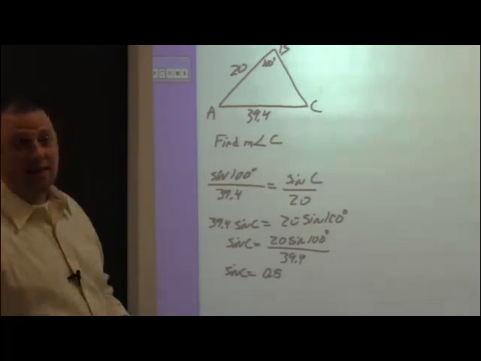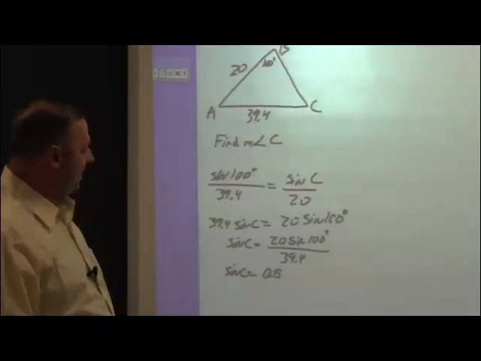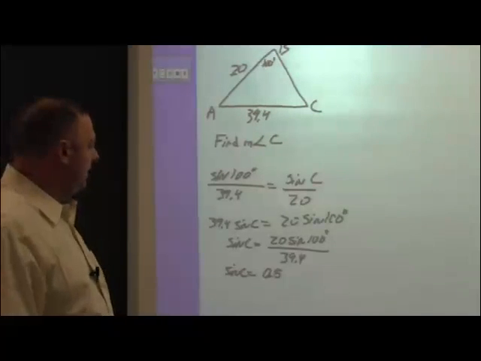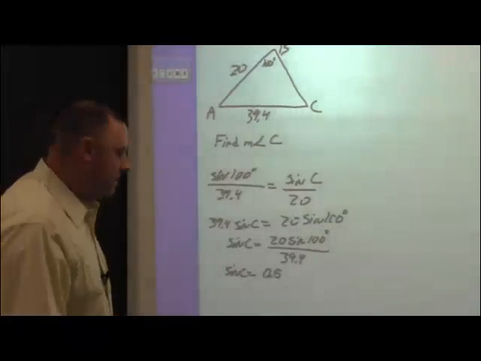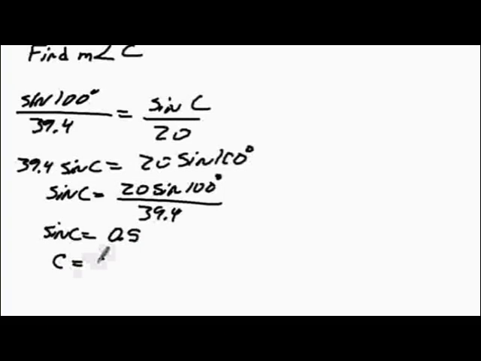Now, that's not telling you what angle C is. That's sine of angle C is equal to 1/2. So what you have to do is take the sine inverse of both sides. So C equals sine inverse of 0.5. Enter that into your calculator, sine inverse of 1/2, and it's going to tell you that's 30 degrees.